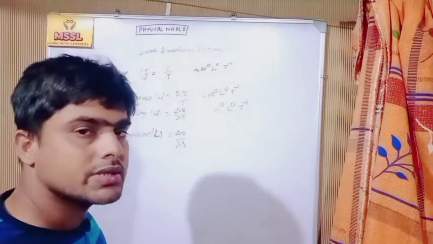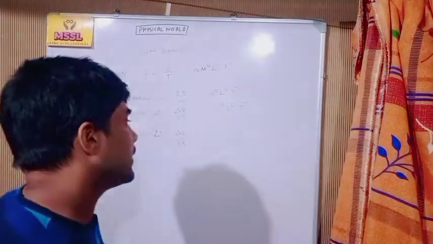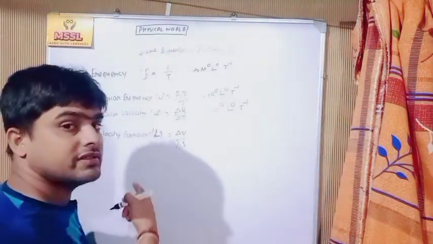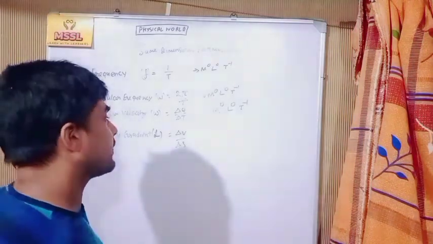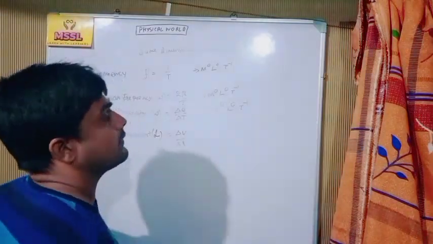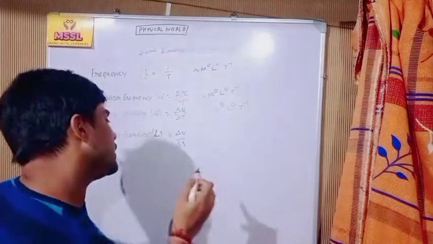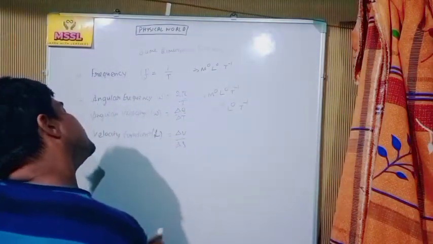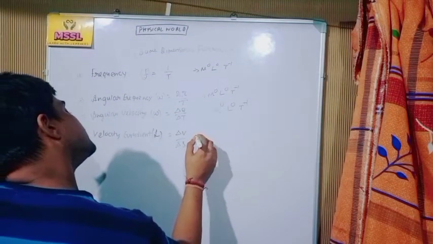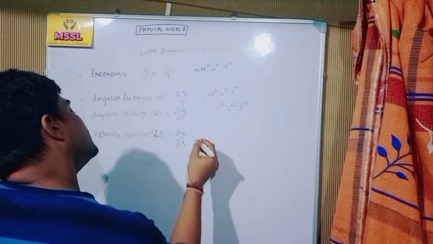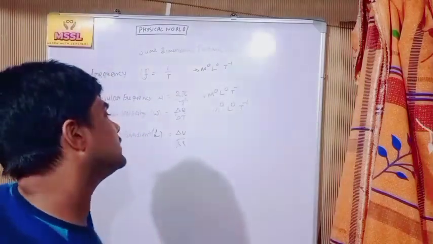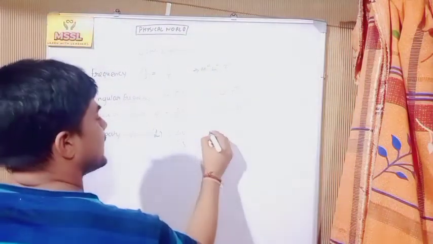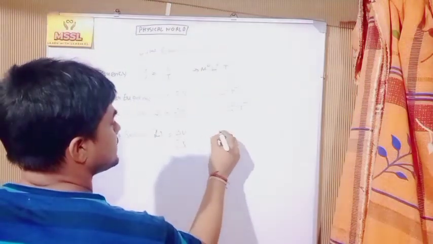If any doubts, just write in the comment. Let's move on to my fourth physical quantity, and see if it has the same. You know that del V is the velocity, so the dimensional formula for del V is L T minus 1.